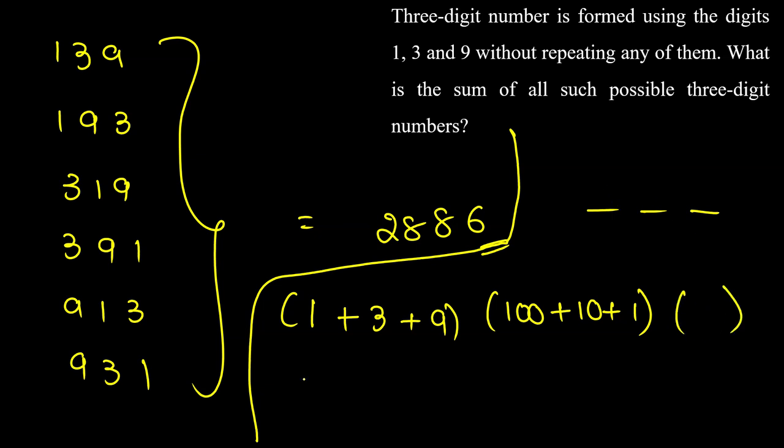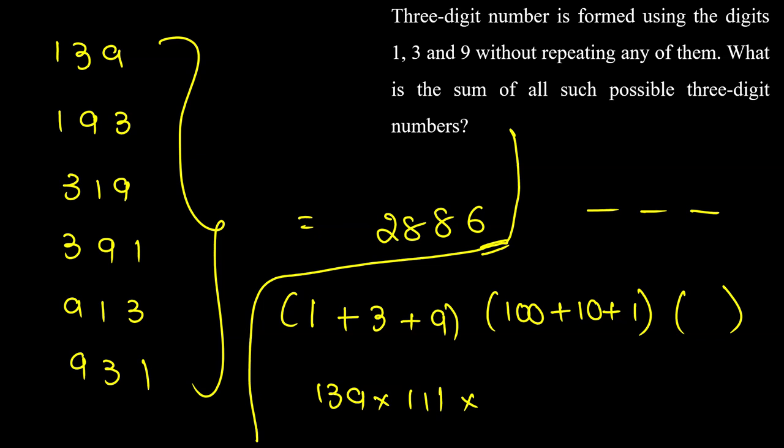Right, this is 139 into triple one. But listen, it's not done. Guys, see, 1 or 3 or 9 means among that only one digit I am using. 1 plus 3 plus 9 means 1 or 3 or 9. Among those three I am using one digit.